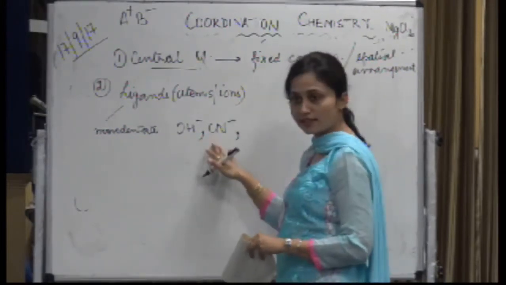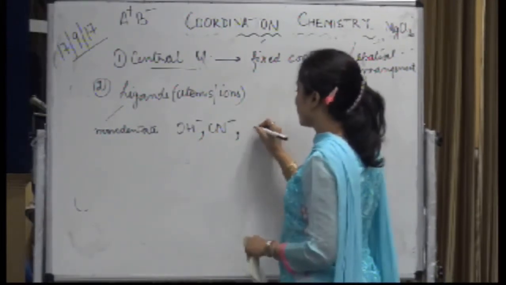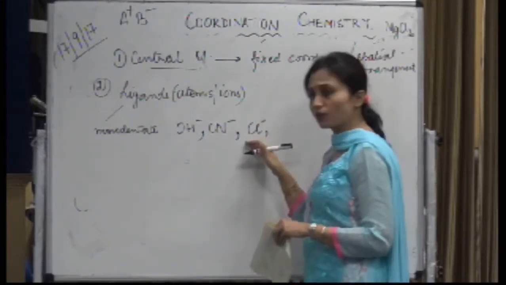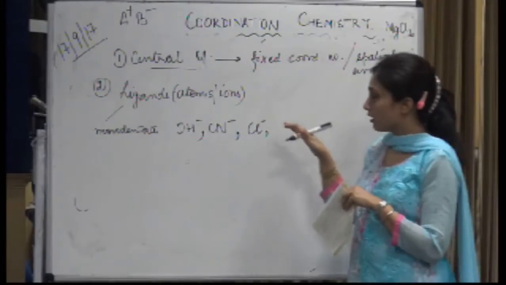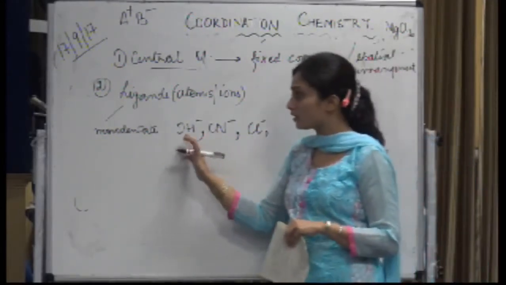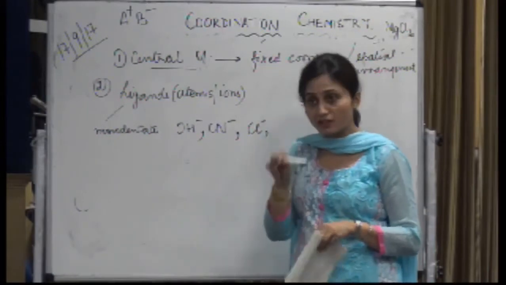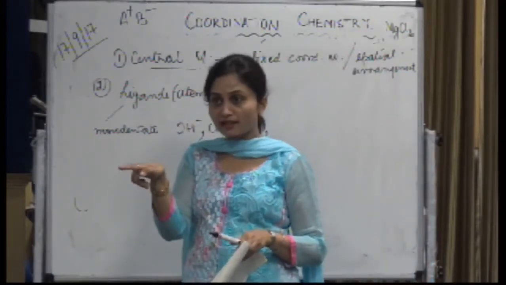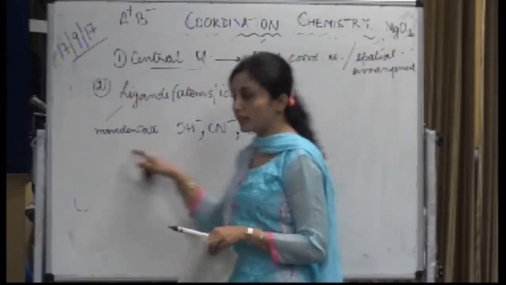OH minus है, CN minus है, you can have more say Cl minus, फिर chloride हो, you have chloride, bromide, iodide, fluoride, all such kind of ions are contributing only from one point. So they will attach only from one atom, from one atom side. So these are called monodentate ligands.